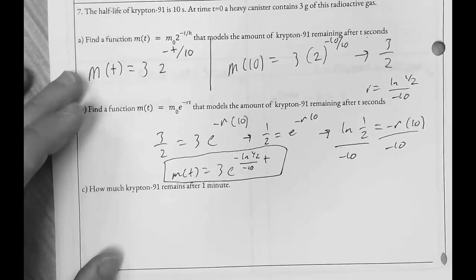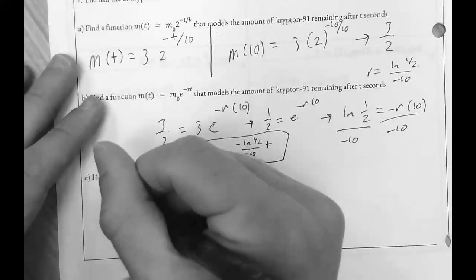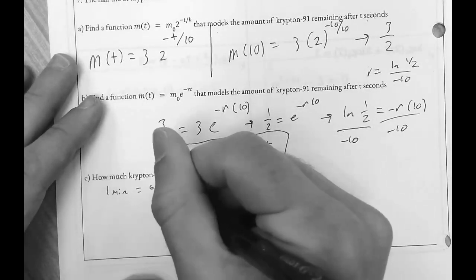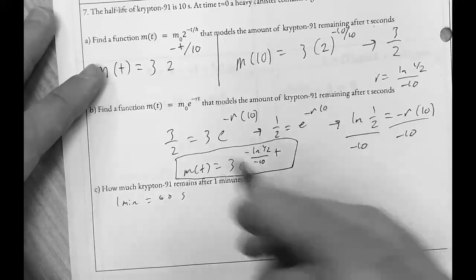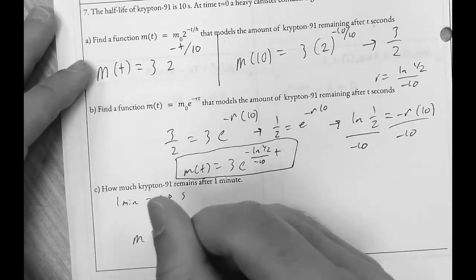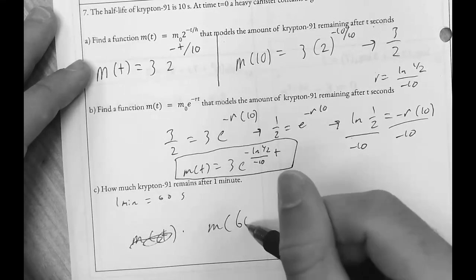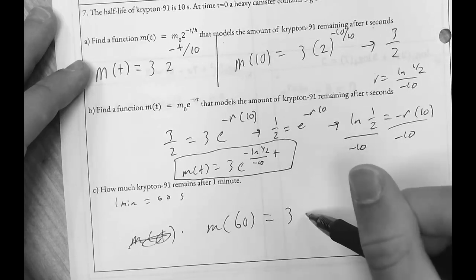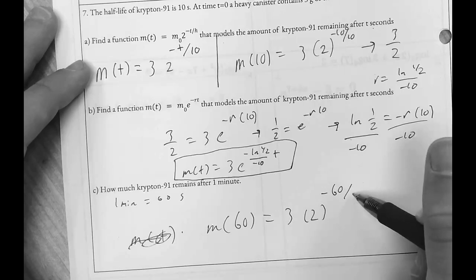How much Krypton 91 remains after 1 minute? So 1 minute equals 60 seconds. We have to make sure that matches. So we can use either of these formulas. This first one would get us m of 60 equals 3 times 2 to the negative 60 over 10.